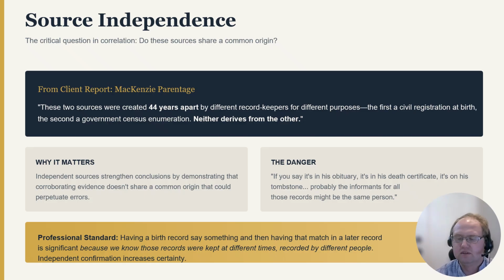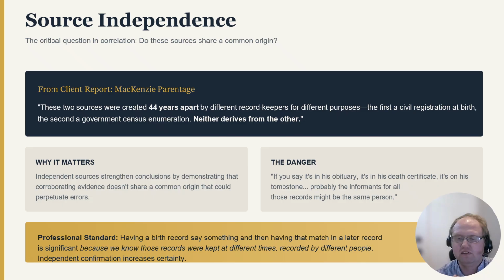But that's not really significant, because likely all those informants were the same. They were the loved one who got the obituary published, who was the informant of the death certificate, who paid for the tombstone and provided the information to be inscribed on the stone. They're probably the same person.